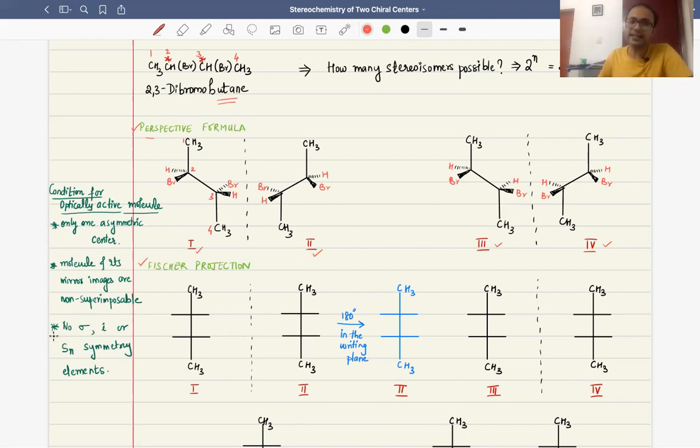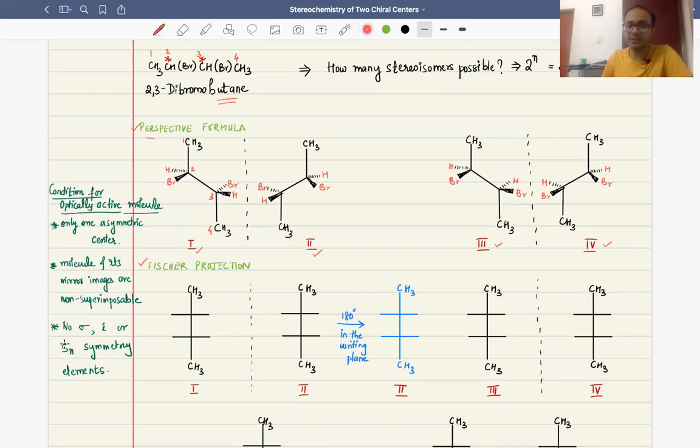The third criterion by which we can decide whether the molecule is chiral, or in other words optically active, is whether these molecules contain symmetry elements like a plane of symmetry or center of symmetry, which is represented by the letter I, or alternating axis of symmetry like Sn.